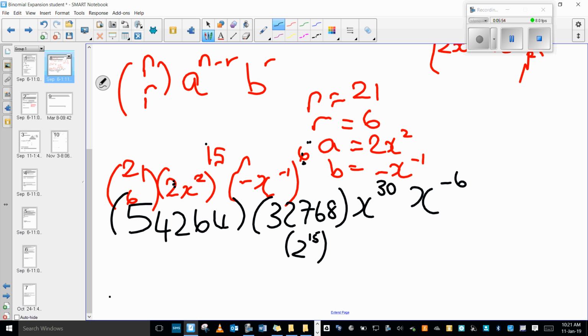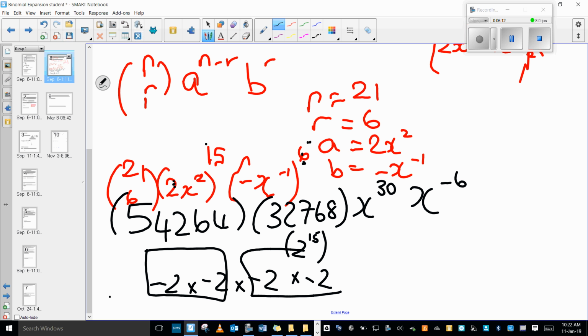Because if you've got negative 2 multiplied by negative 2 multiplied by negative 2, the first two pair together and give you a positive value, but the last one changes it back to negative. Whereas if you had another one, 2 positives multiplied together give you a positive. So if your power is even, it will be a positive value. If your power is odd, it will be a negative value.